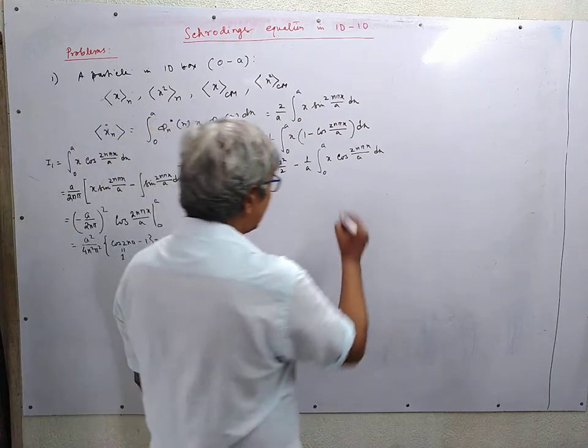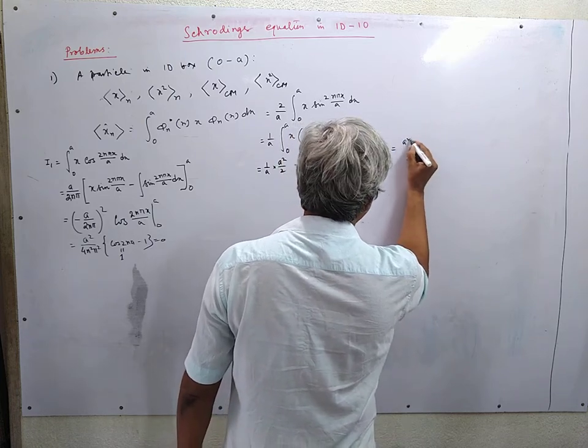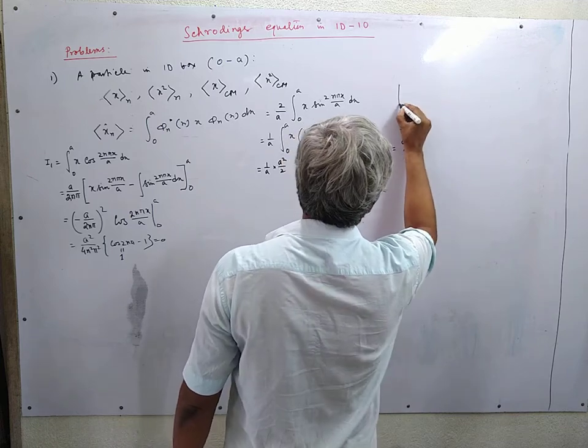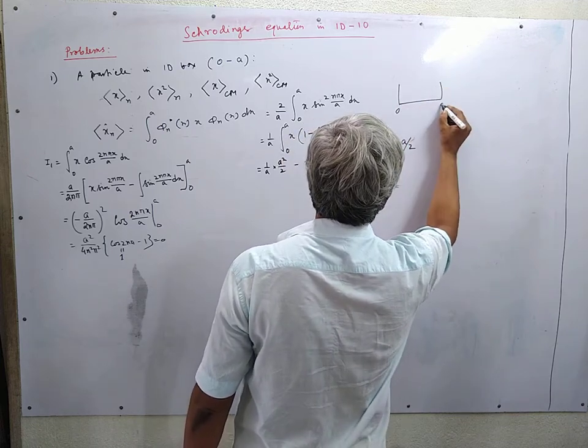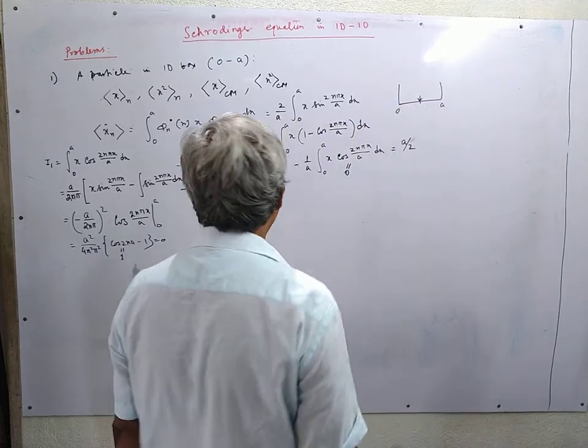As this is equal to 0, we get a by 2 as the average position. So the well extends from 0 to a, and the average position of finding the particle is at its midpoint.